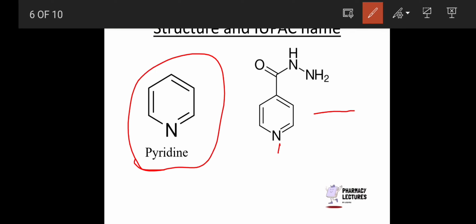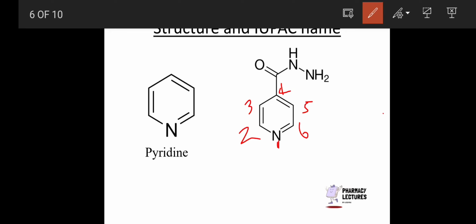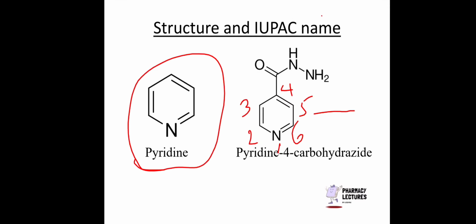Okay, let's give numbering 1, 2, 3, 4, 5 and 6. In the fourth position, we have a carbohydrazide group. Hence, the IUPAC name for isoniazid is pyridine-4-carbohydrazide.